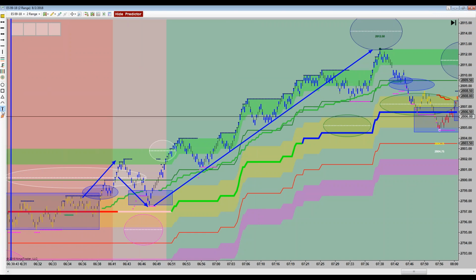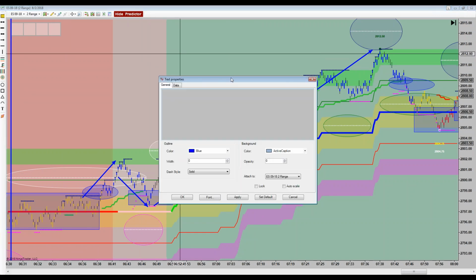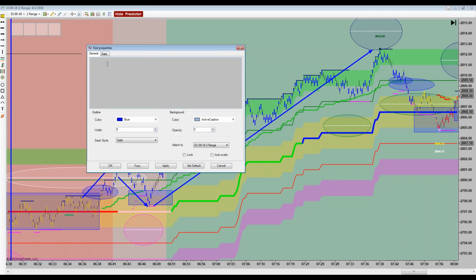I got a text box here, and I'm going to put in one word. How do you make more money on ES if the movement is slow and reliable and not too whippy? What's the word I got to type in here? How do people make a lot of money on ES? What are they doing? It's one word.